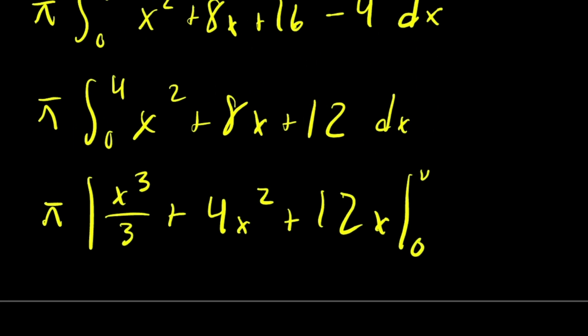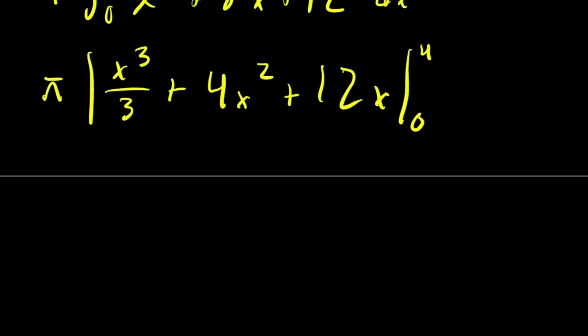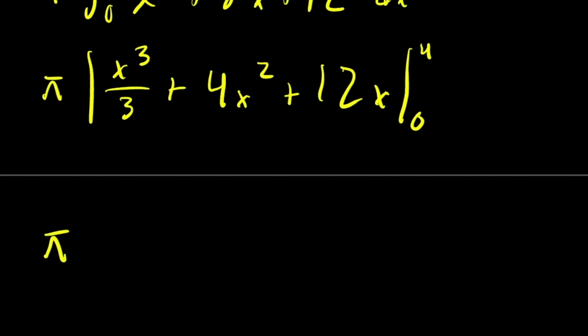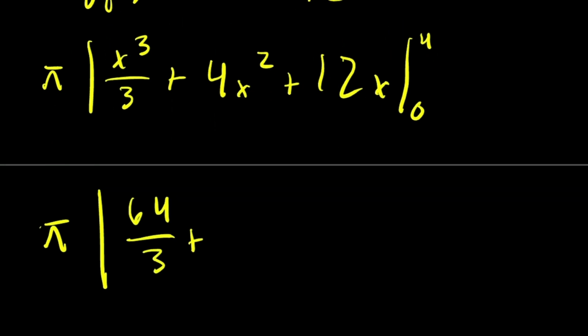And now we plug in our bounds. 4 cubed is 64 over 3 plus 4 cubed again, 64 plus 48.